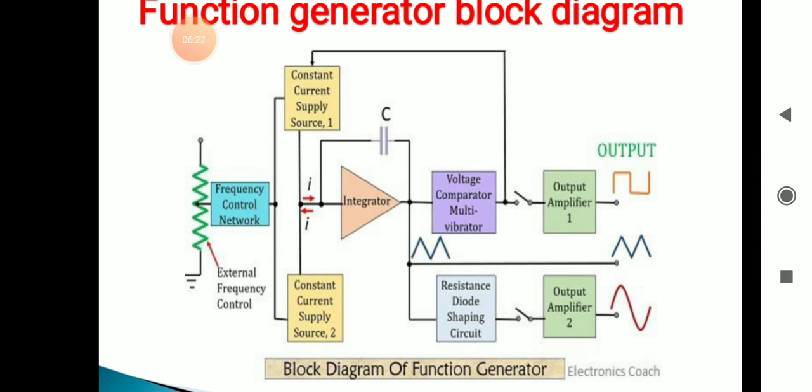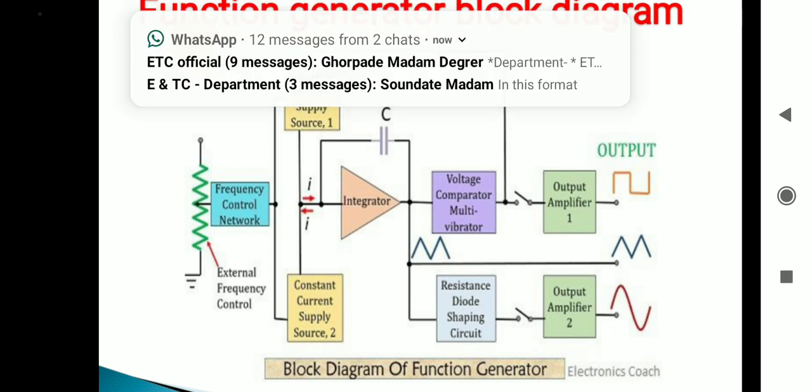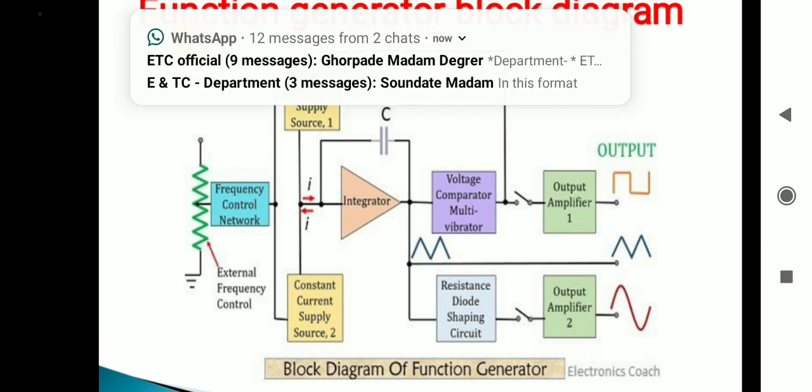Whenever the upper constant current source is on, the lower constant current source supply is off. At that time, the integrator capacitor charges towards the positive point.